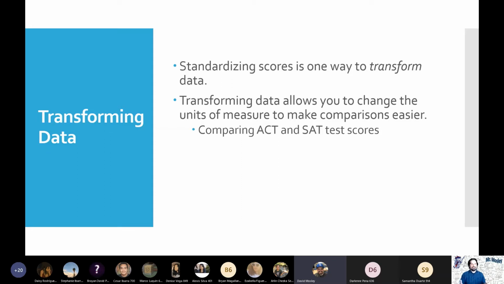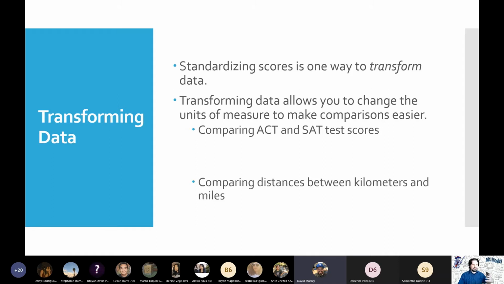They're too different. But if I transform those scores into the same type of unit, a standardized score, and convert all the scores to how far away they are from the mean, I can compare those values to say, okay, well, who did better? Or if a student did better on the ACT or the SAT based on their standardized score.